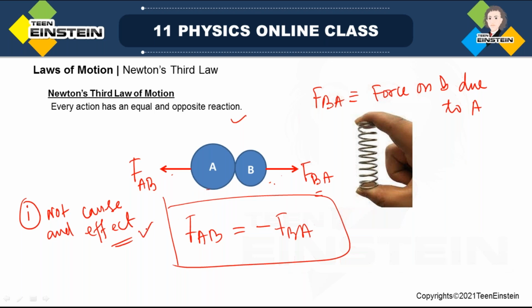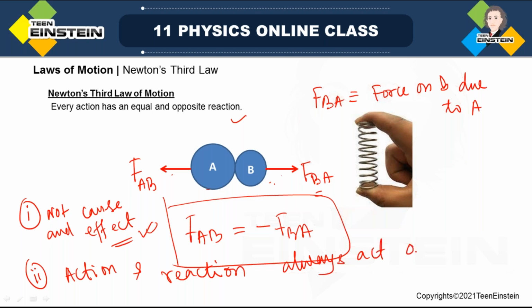That is true, but nothing is called cause and effect. One more thing is that you can see from here that action and reaction always act on different bodies.